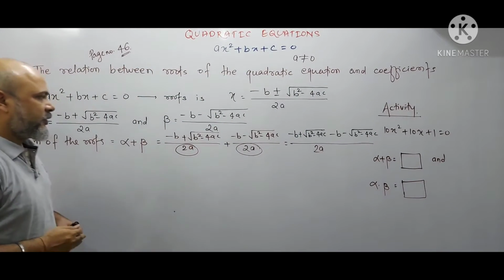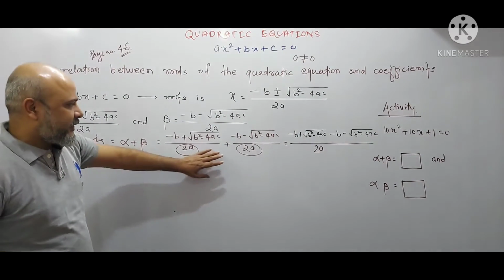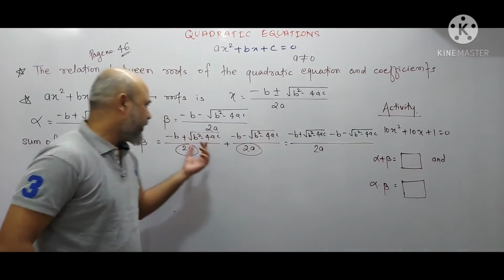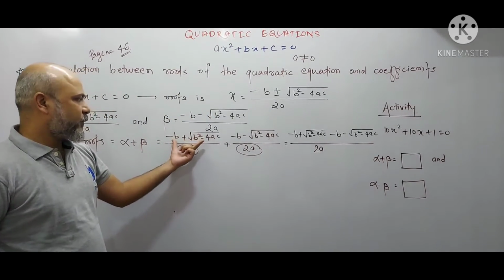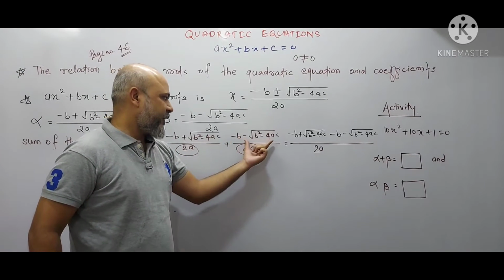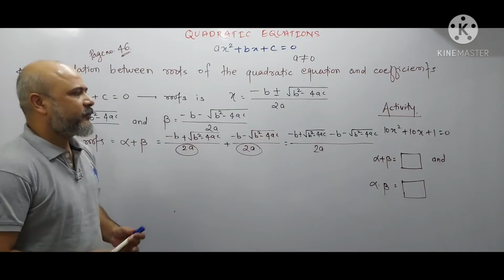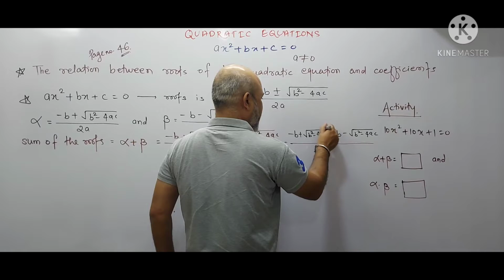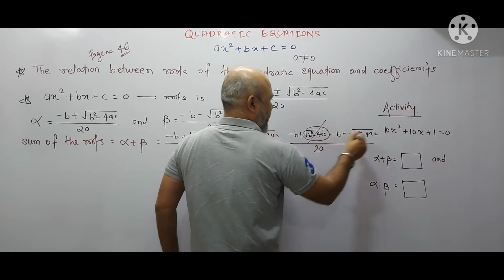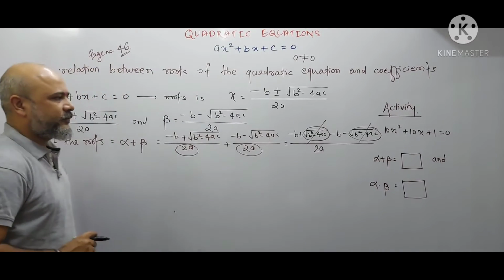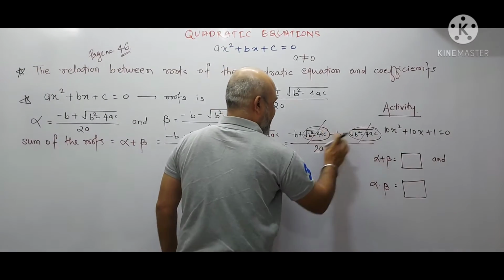Okay, so how will you add these two fractions? Because the denominator is the same, we will take the denominator as common, and you will get (−b + √(b² − 4ac)) + (−b − √(b² − 4ac)). Okay, now we will cancel out these two terms because they have the same value but opposite sign.